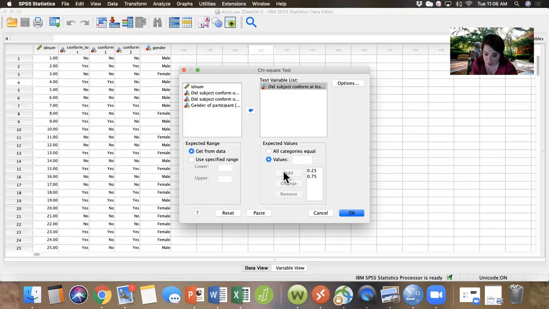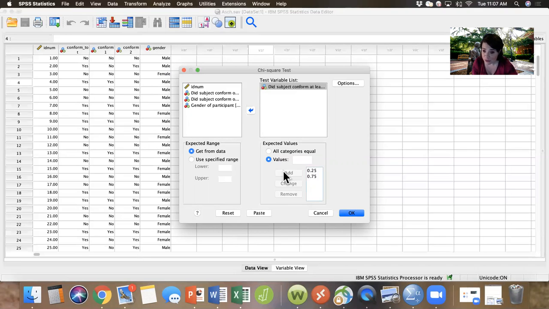I would know that I had slightly fewer, only 55% Democrat instead of 60%, and a few more Republicans, 45 instead of 40%. I would know my values were different, but how would I know they were significantly different?